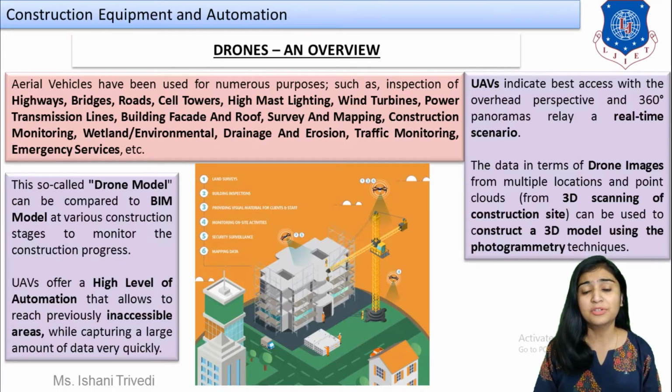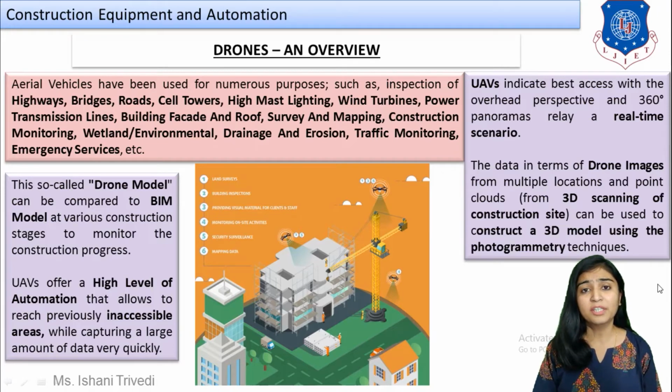Drainage and erosion: you can monitor the area for erosion and for upcoming natural calamities and changes in the land, the weathering process, all types of monitoring. You can also use it for military purposes. It is used in military intelligence as well. So there are lots of applications of drones, not just in civil engineering but in every other field.